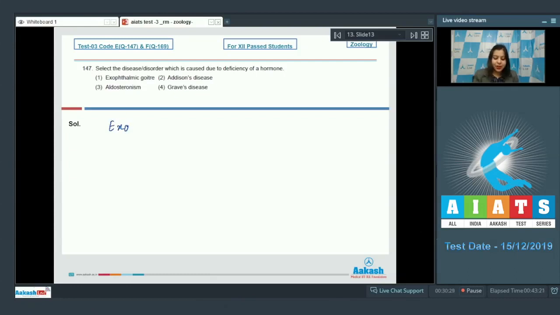So here, students, exophthalmic goiter, or Graves' disease, occurs in case of hyperthyroidism. So this does not occur due to deficiency, rather it occurs due to excess of thyroid hormone, that is thyroxine. So these two are incorrect.